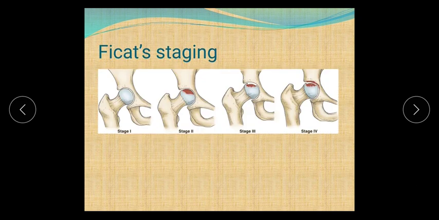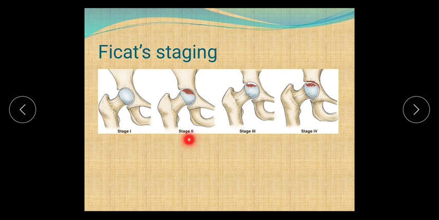Now coming to staging of AVN. Ficat's staging of AVN, it is staged into 4 stages. Stage 1, here it looks normal in the X-ray. This can be detected only when you take an MRI scan.